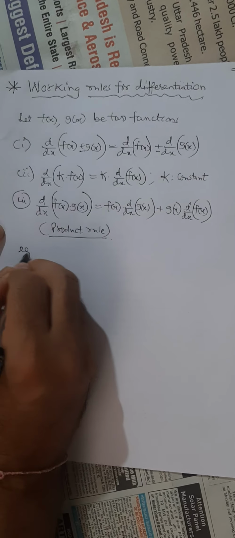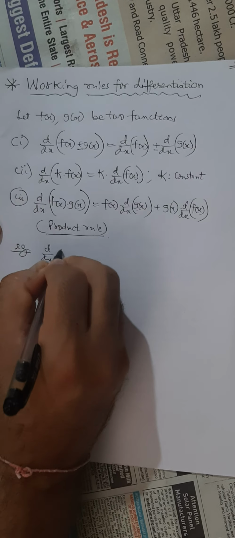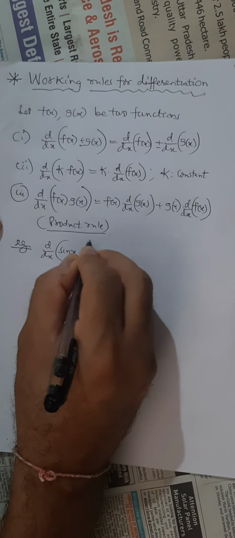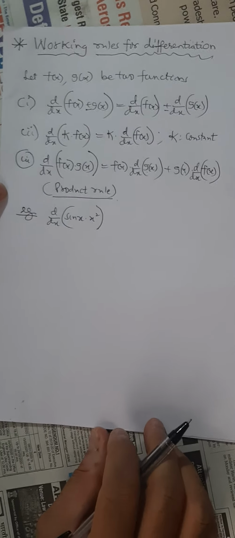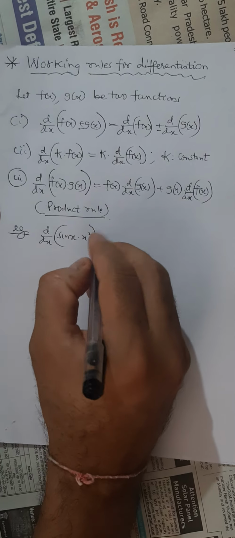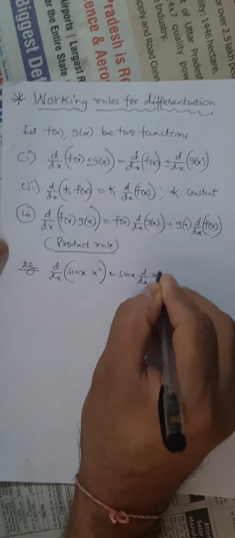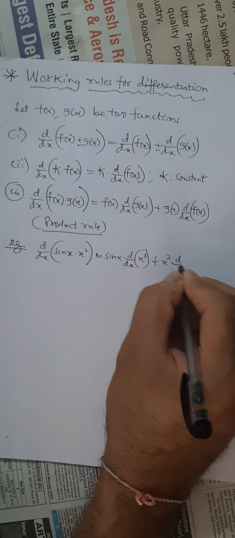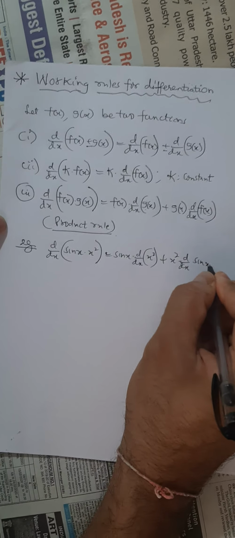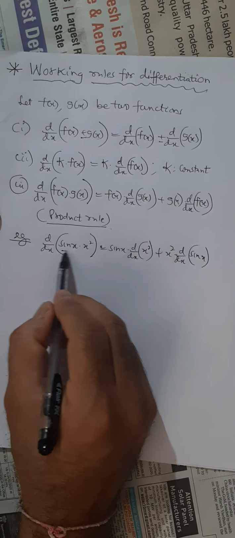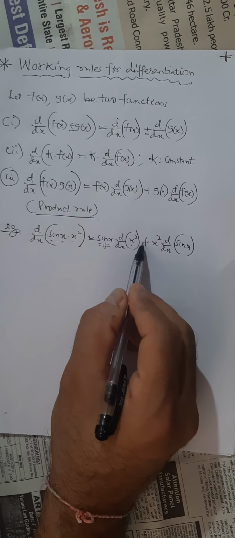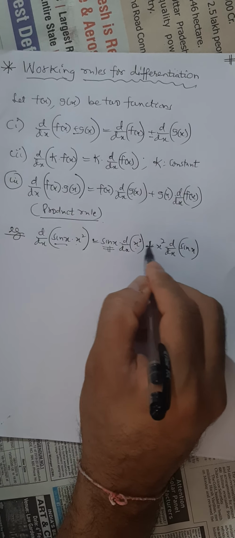For example, if I want to get the derivative of, let's write sin x into x square. So product of two functions. So we keep, for example, sin x as it is, d by dx of x square, plus now x square as it is and the derivative of sin x. This is what we call the product rule. Always plus sign between these two.